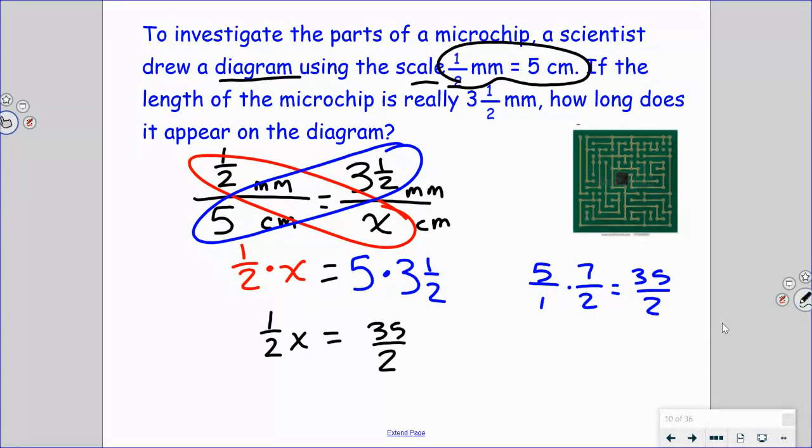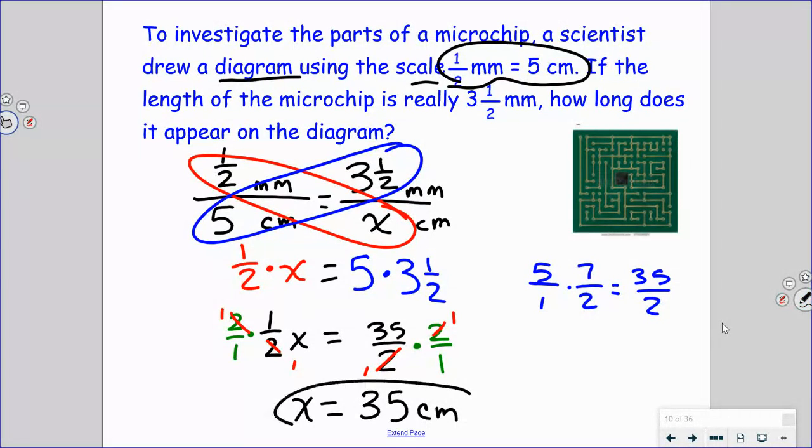Because in order to eliminate the 1/2, let's go ahead and multiply by the multiplicative inverse. Now, in this case, we end up with 1 whole x. And 2's will cross cancel here as well, which means the image is going to be about 35 centimeters big, centimeters on the diagram.